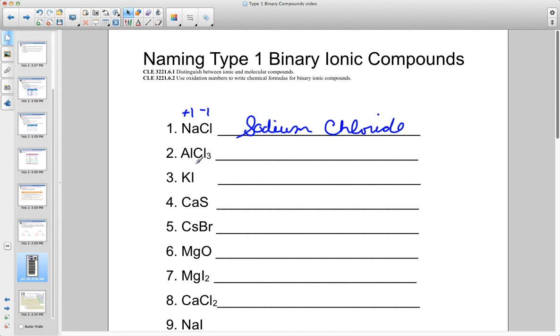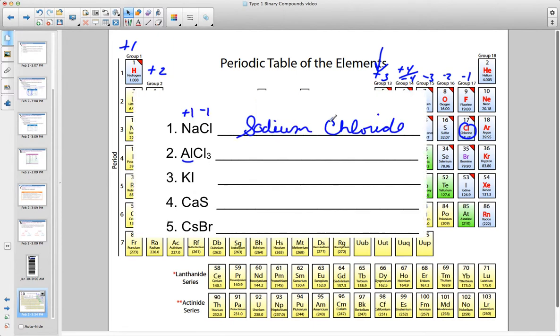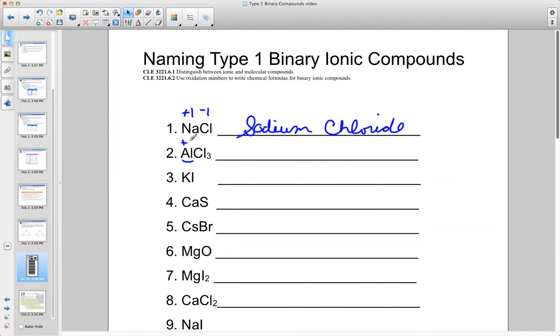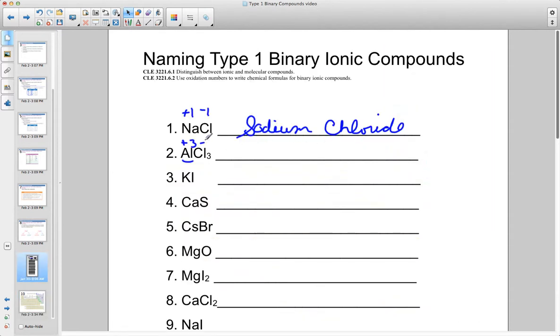Now you might be wondering, what is this? Okay, this is important now. First, we're going to go check out aluminum. If you look at aluminum here, look what group it's under. It's going to be a +3, so put that. All right, chlorine is a -1. It takes 3 of these chlorines to balance out with this +3, so it gets a net overall charge of 0.